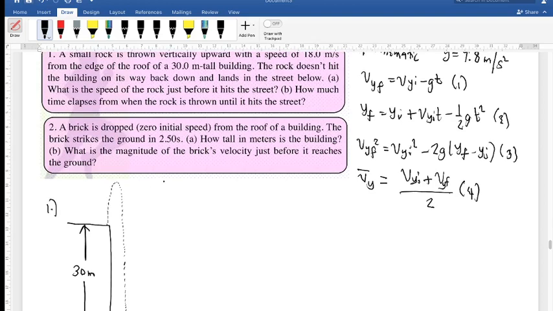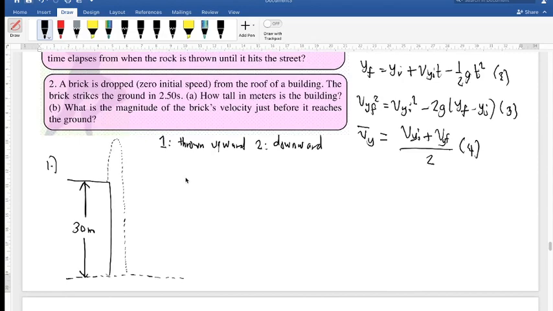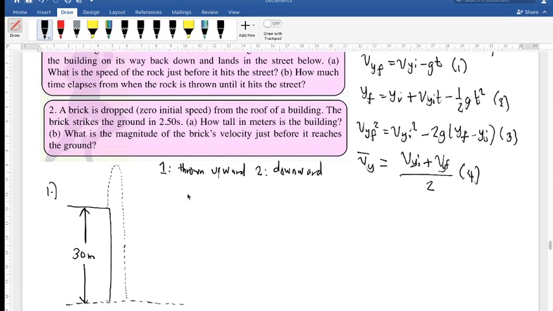So event 1 is our rock thrown upward, and event 2 is our rock going downward. First we have to find the speed of the rock just before it hits the ground.